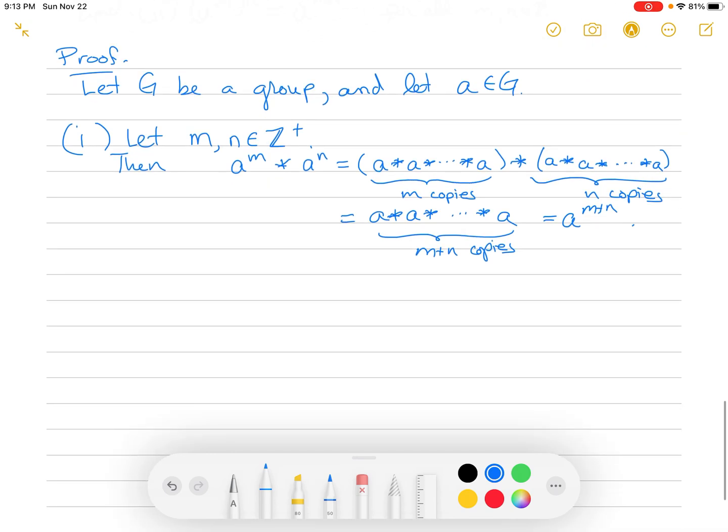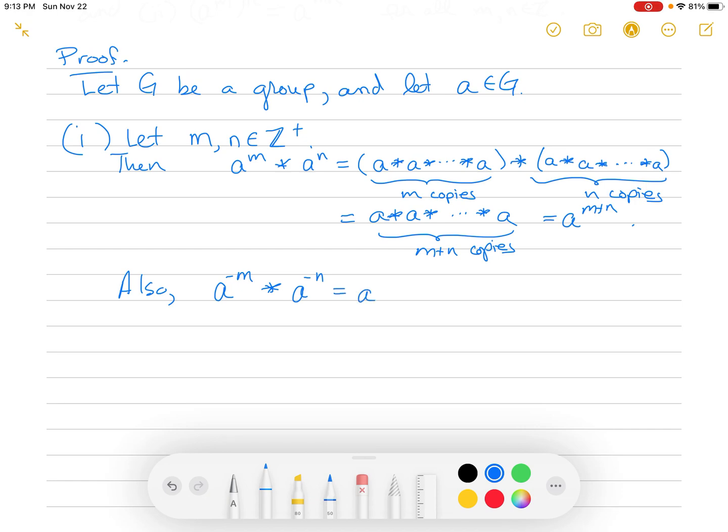I'll do the negative case. So we're assuming m and n are positives. I'll do a negative now. Let's look at a to the minus m star a to the minus n. Now what does this mean?